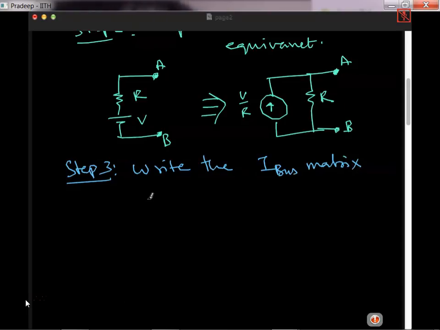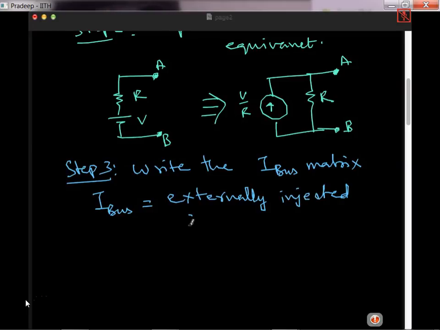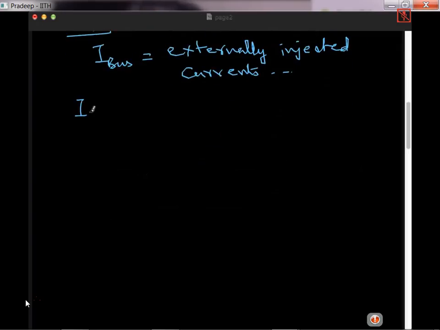So what is I-bus? I-bus is nothing but externally injected currents. So we want I1, I2, I3, I4, I5.